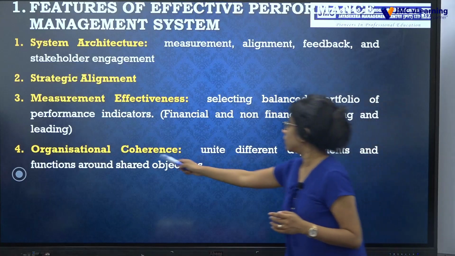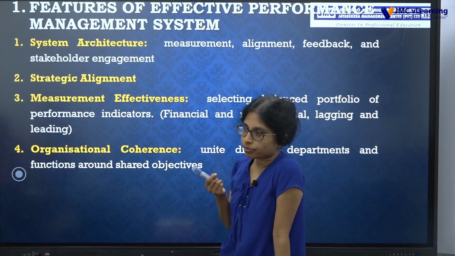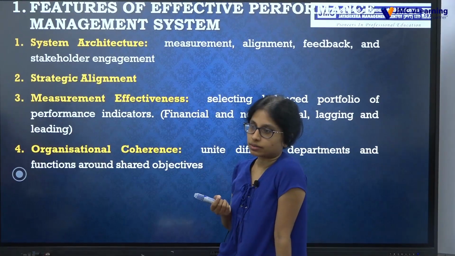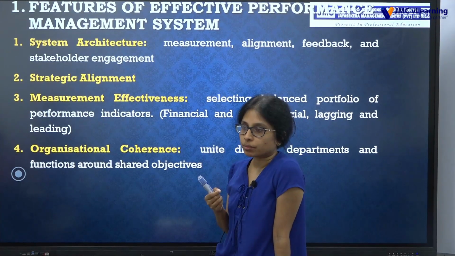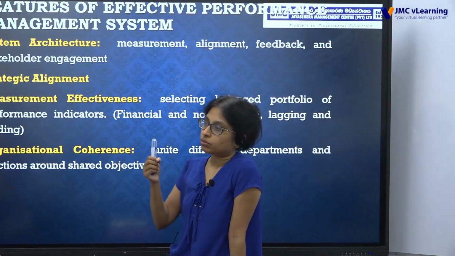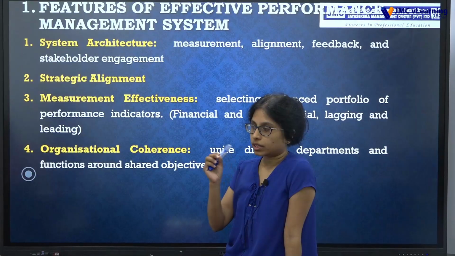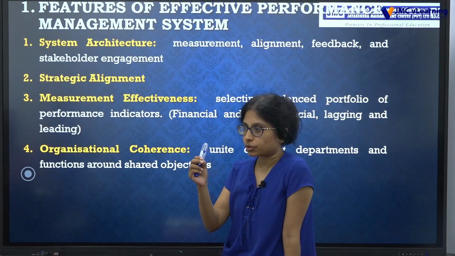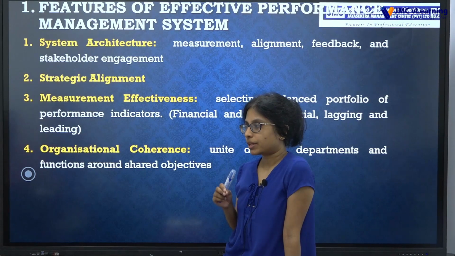Then you have leading information. Leading information most of the time will be non-financial. For example, real-time: we lost this customer today. He told us he is not going to renew the contract. That is real time.